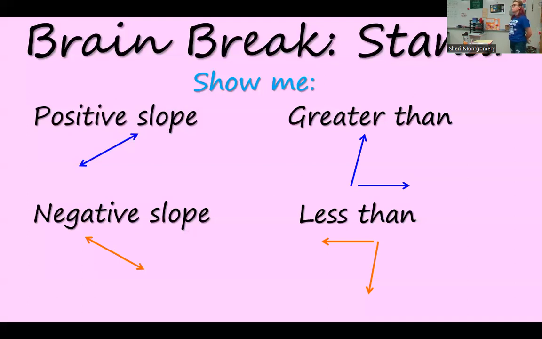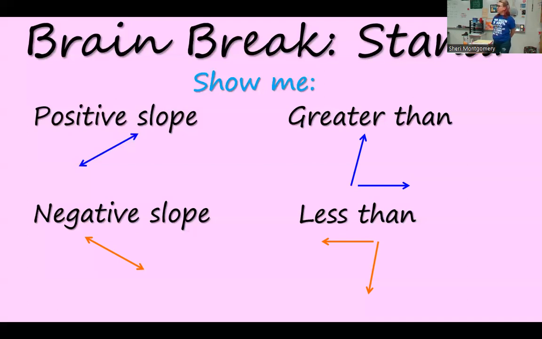So show me where you would shade if it is less than. You're shading down and you're shading to the left. Down and to the left. So if you didn't know where to do it, look at everybody else. Shade down and to the left. Show me positive slope.